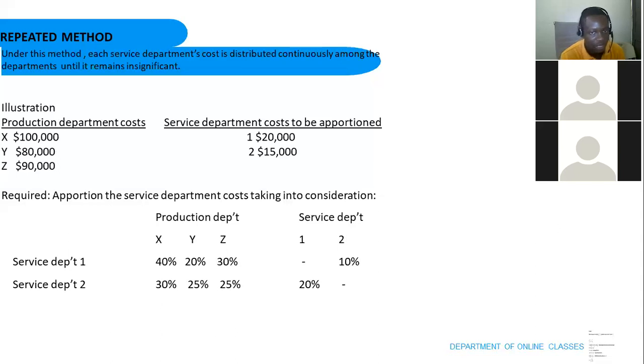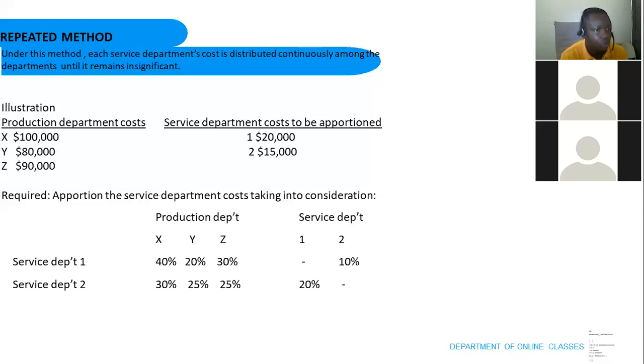Okay, you realize that service department 2, which has to do with maintenance, also have employees who have to be fed when it's time to go on break. So service department 1, for instance, is rendering service to production departments, and at the same time service department 2, which is the maintenance department.